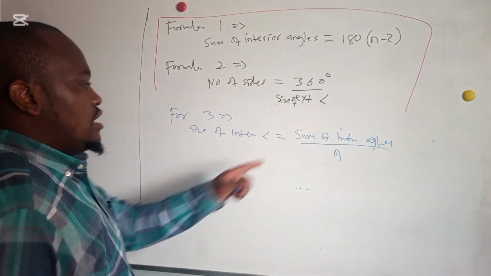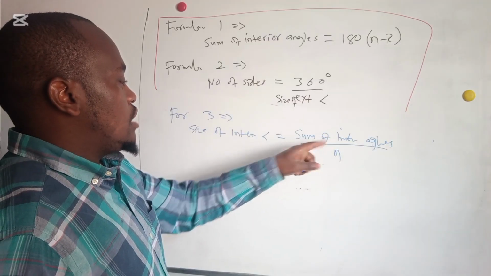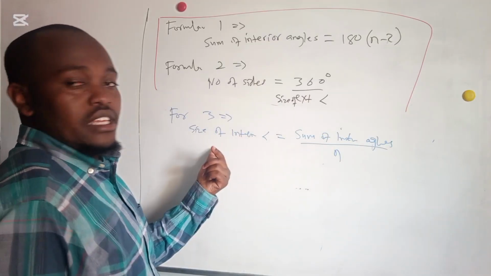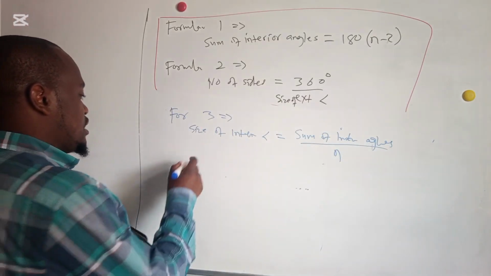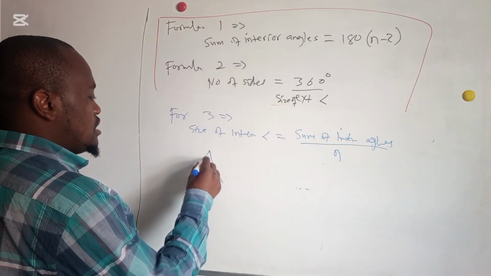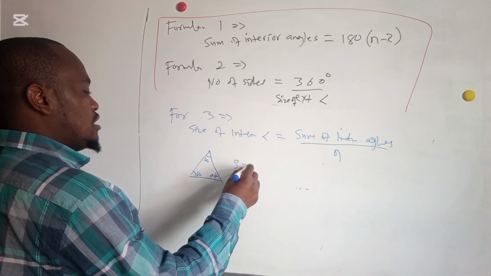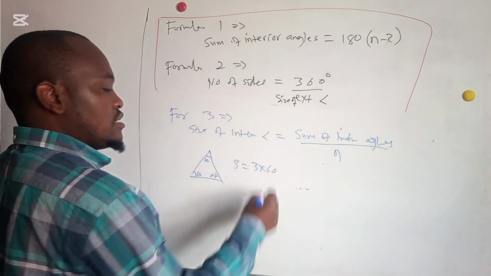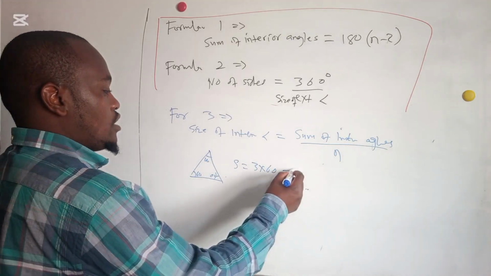In other words, we can also say the sum of interior angles can be given as n times the size of each angle. For example, if you have this triangle, where this is 60, 60, 60, the sum can be 3 times 60, which is 180.